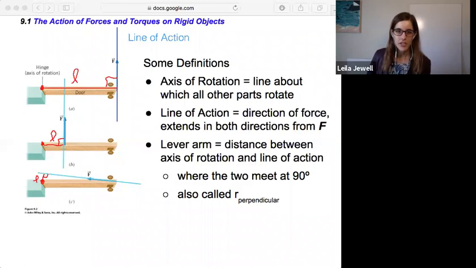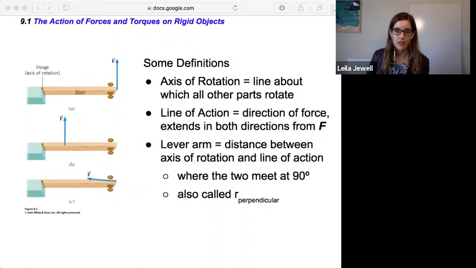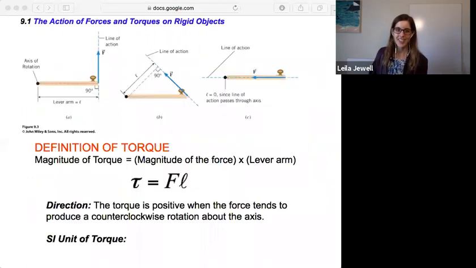Now that we've seen these definitions, we're much better prepared to officially define torque. Let's take a look. So torque is defined with a magnitude that is equal to the magnitude of the force times the lever arm. And what we'll use for torque is the Greek letter tau.